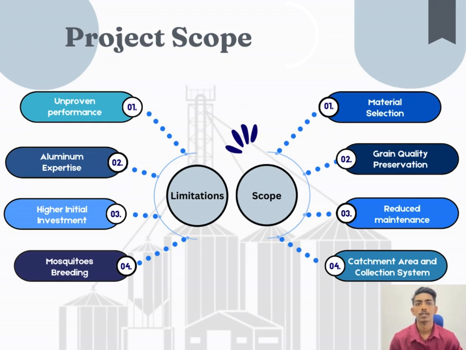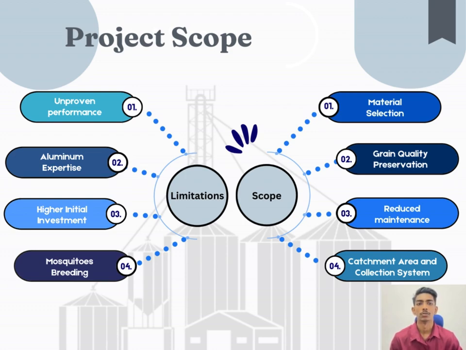Because of its durability, the silo will require less maintenance over its lifetime, outlasting traditional silo benchmarks in terms of both longevity and cost effectiveness. Lastly, through effective rainfall harvesting, the system encourages sustainable water management techniques, lowering dependency on outside water sources.